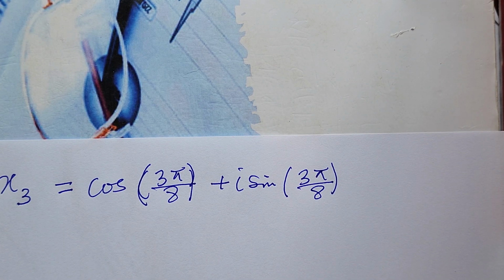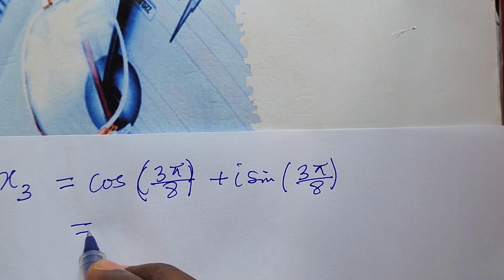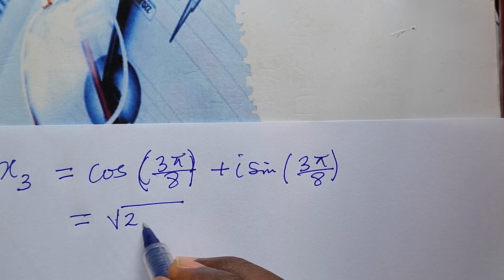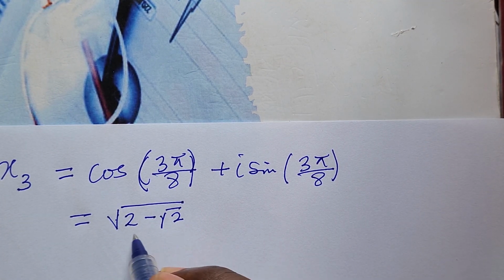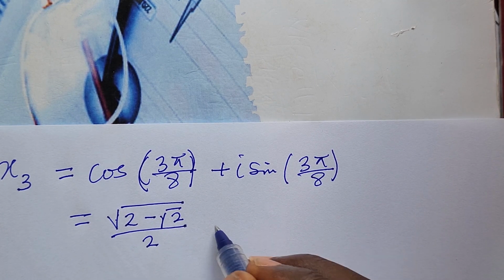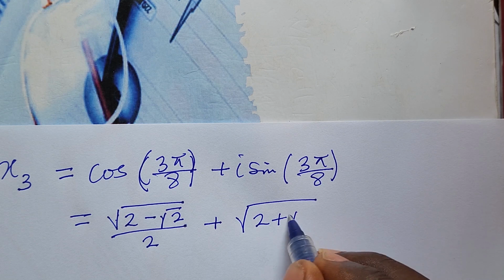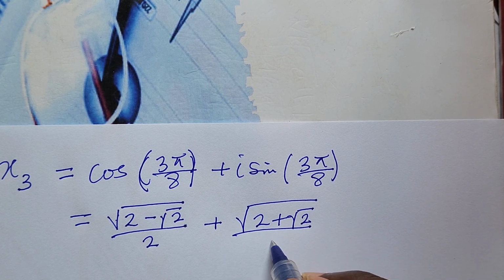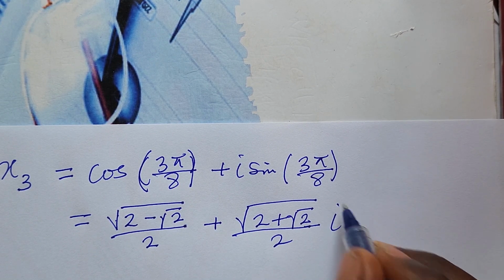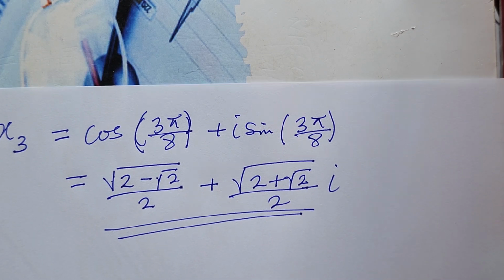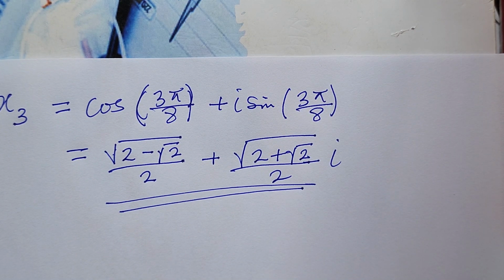Again, we slot this into our system, and this will end up giving us the square root of 2 minus the square root of 2, all over 2, plus the square root of 2 plus the square root of 2, all over 2, iota. So this is the next root to our challenge.